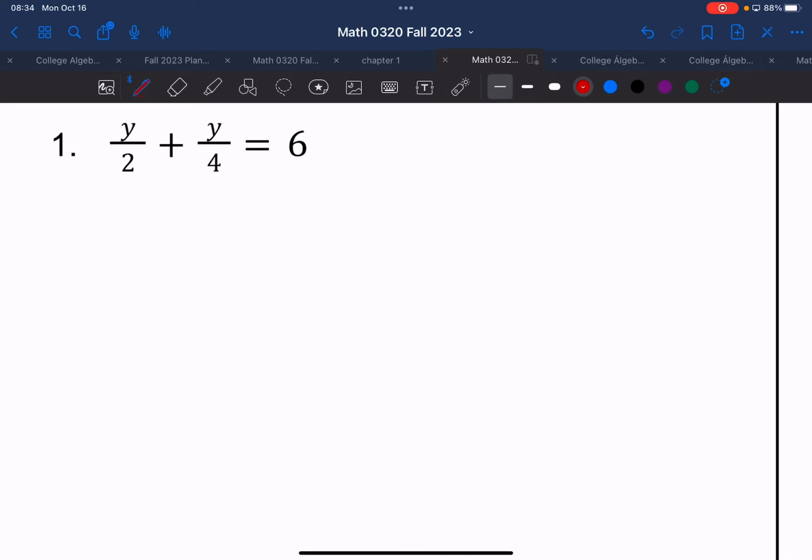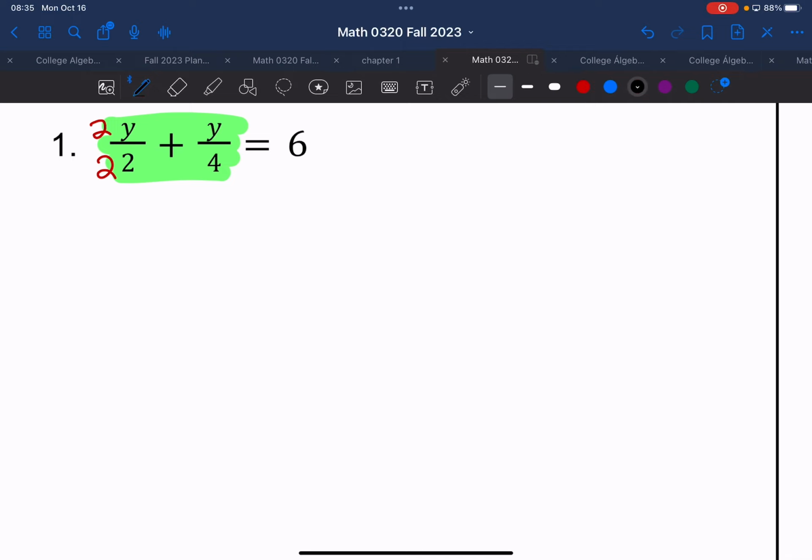Looking at only the left side, we have two fractions that are being added together. In order to do that, we need to get a common denominator. What would be the common denominator between 2 and 4? 4. Do we need to do anything to this fraction? No. What do we need to do to this fraction? Multiply by 2. So I have 2 on the top and 2 on the bottom.